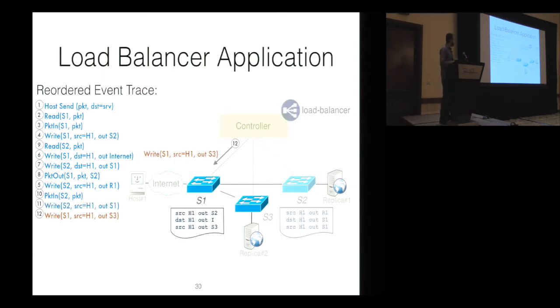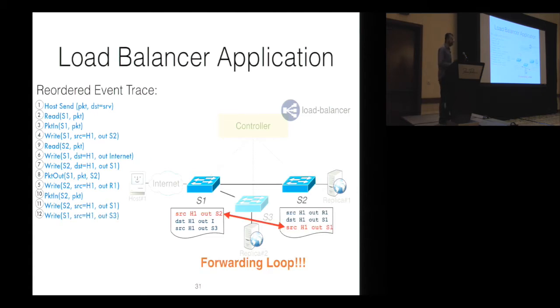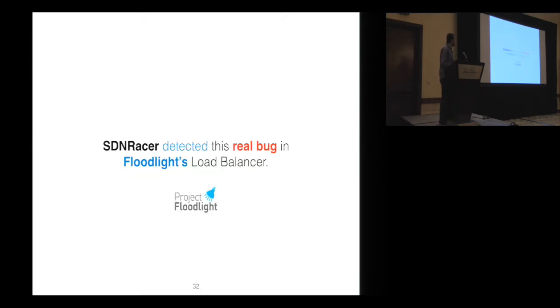So we will write on. But what we really have here now is a forwarding loop. Again, back from S2 to S1. And this is a real bug in the Floodlight controller.